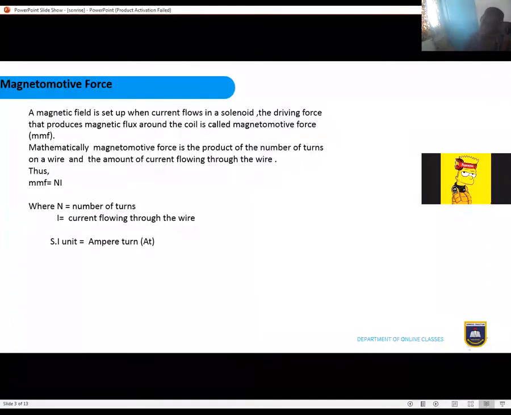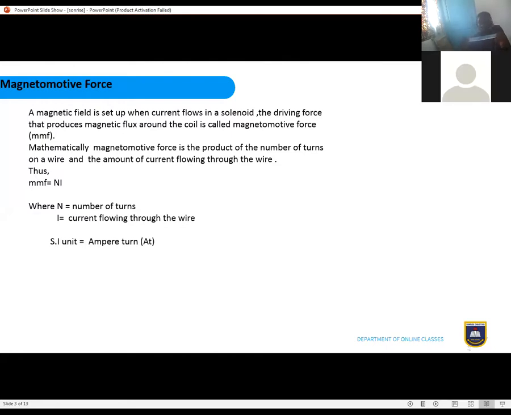Let's say you take a solenoid. To get a formula for the magnetomotive force, take the number of turns of wire on, let's say, a nail, times the current flowing through the wire. So the number of turns times the current gives you the magnetomotive force.